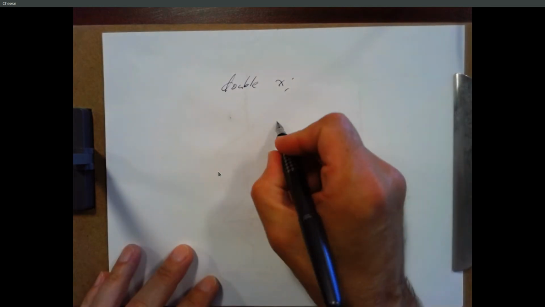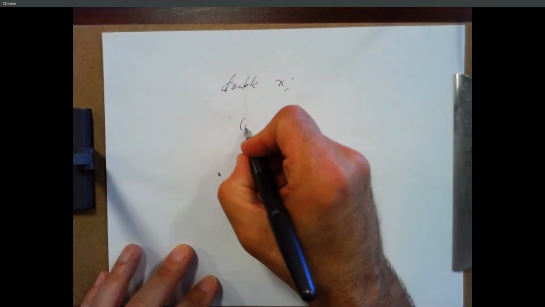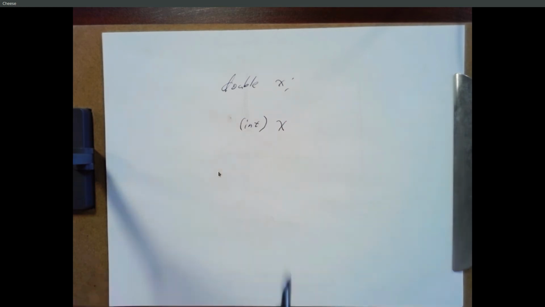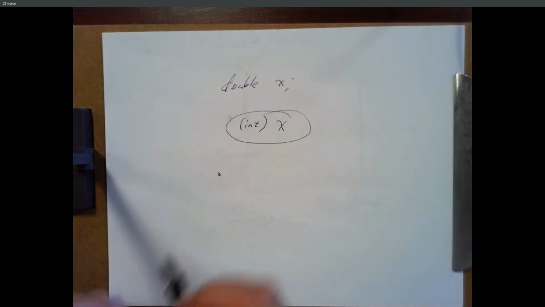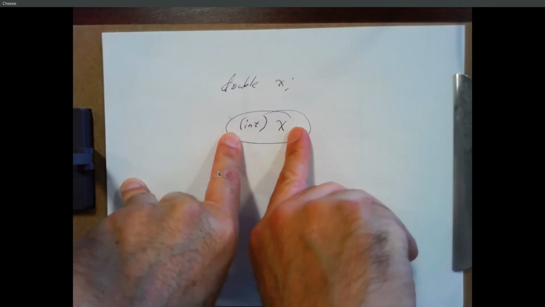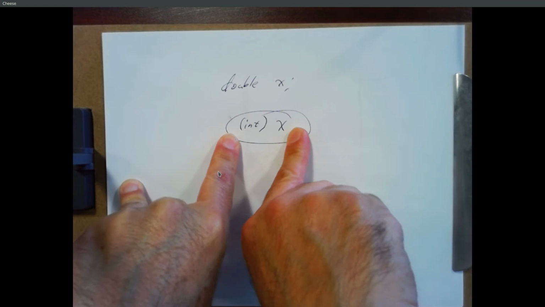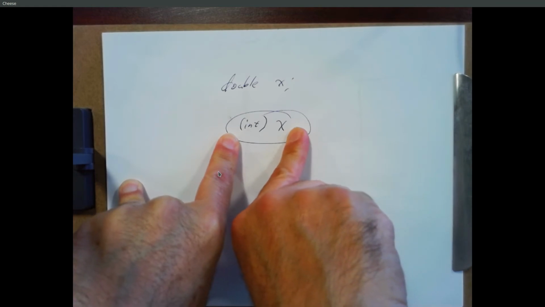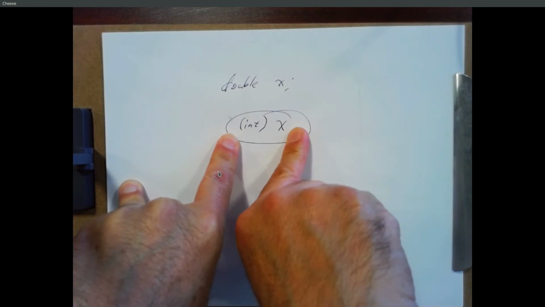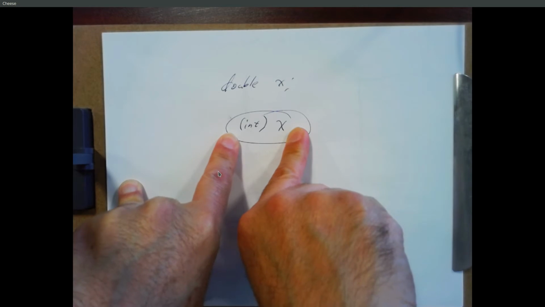There's a special thing we can do in C. If we write the name of a variable, but in parentheses in front of it, we put the word int, it will take the value of x and pretend that x is an integer. And this will be equal to the value that x would have if it was an integer. In other words, it will round it or truncate it to a whole number.